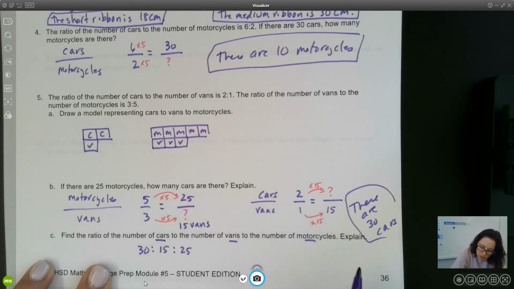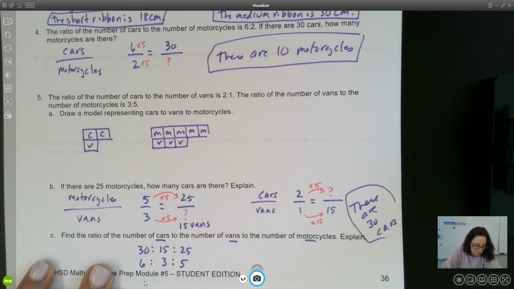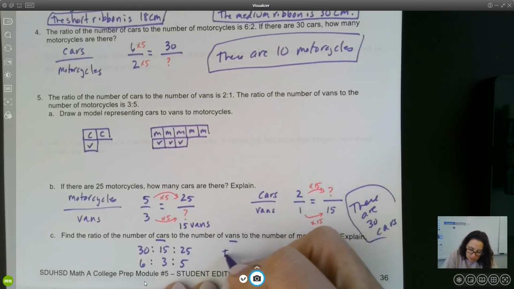If we wanted to look at the reduced values of this, we could reduce these all by 3. Simplify these all by, not by 3, by 5. Okay, if we put a 5 into that, we'd have 6, 3, 5. All right, so I'm going to write a little sentence here.